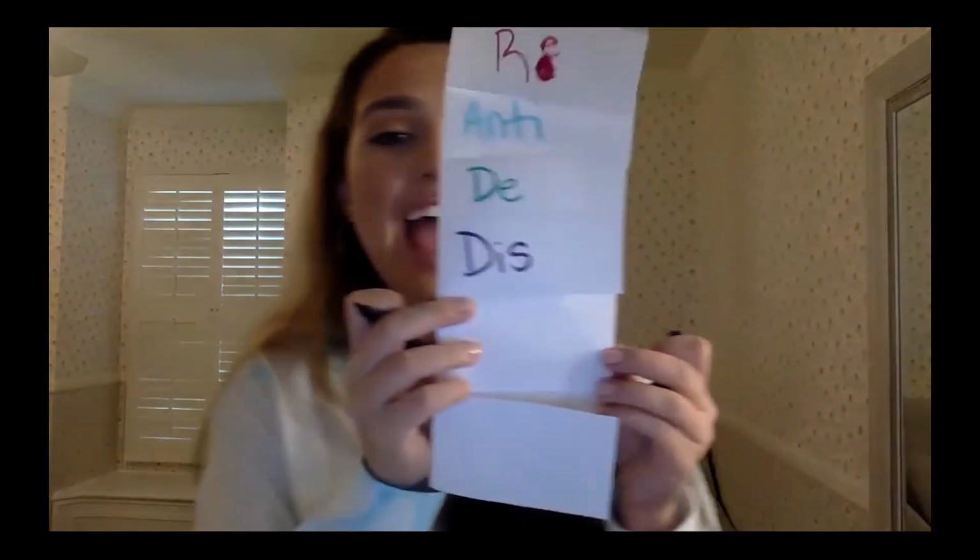Once you have that written, go ahead and keep using the same marker or switch it out, and we are going to write dis. D-I-S, dis. Awesome. We only have two more left. We have pre, P-R-E.